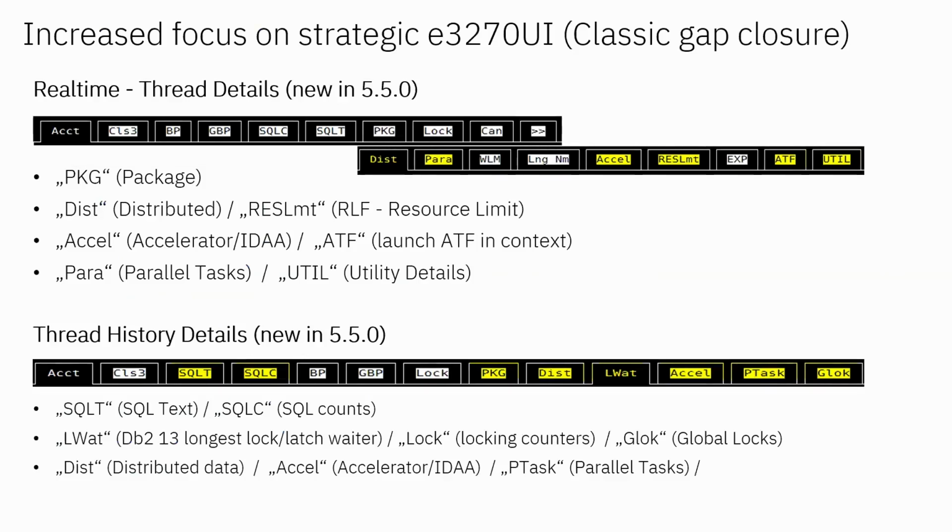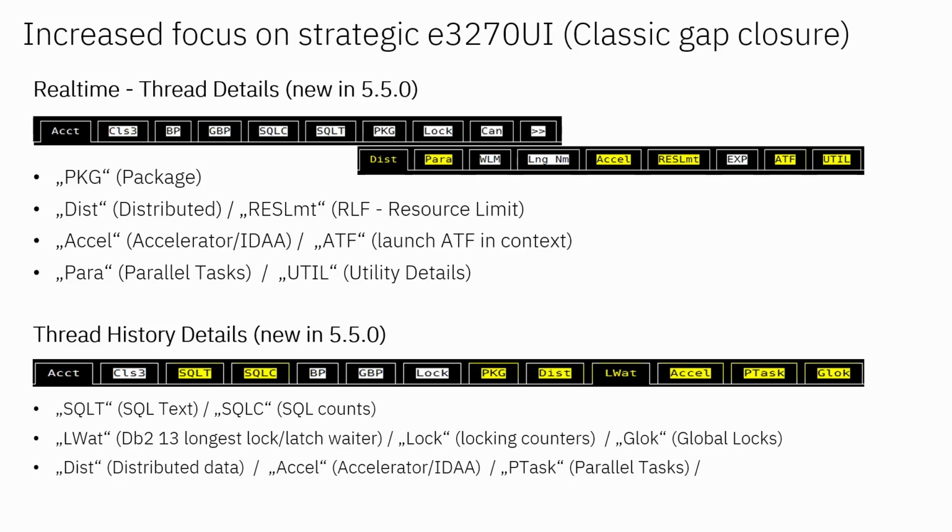In this screenshot, you can see a great example of where we're investing for bridging those gaps between the classic and the 3270 UI. In fact, these were delivered. If you look at the real-time thread displays, new in version 5.5. If you're thinking of moving to Db2 13 this year and you want to monitor with OMEGAMON, you need to be on OMEGAMON version 5.5.